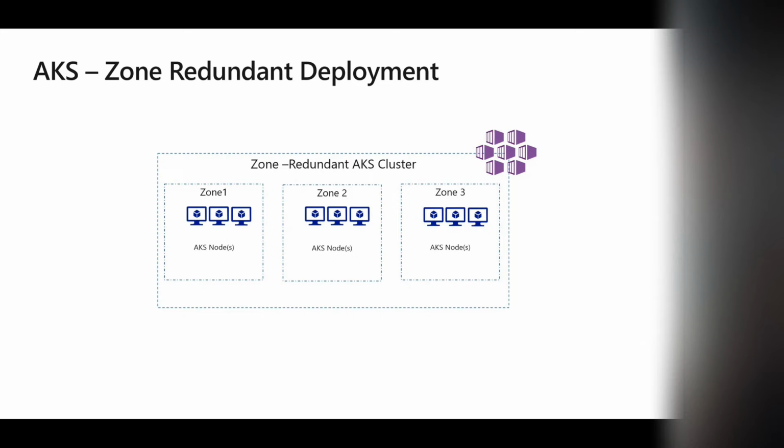Azure will go behind the scenes, take care of that deployment by itself, and it will make sure that the nodes are deployed across different zones. Okay, so what will it give you? It will give you zone redundancy in a region. So if one of the zones goes down, your application will not go down. Your application will still stay up.